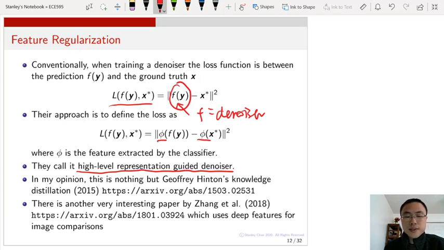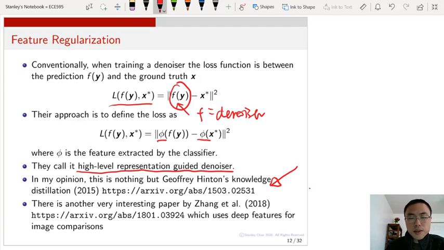In my opinion, this is very similar to Geoffrey Hinton's knowledge distillation. That was a very famous paper published in 2015, which I encourage you to take a look. And so back in 2015, the idea was to compress the deep neural networks. And so they're also using this kind of feature transform to measure the loss.